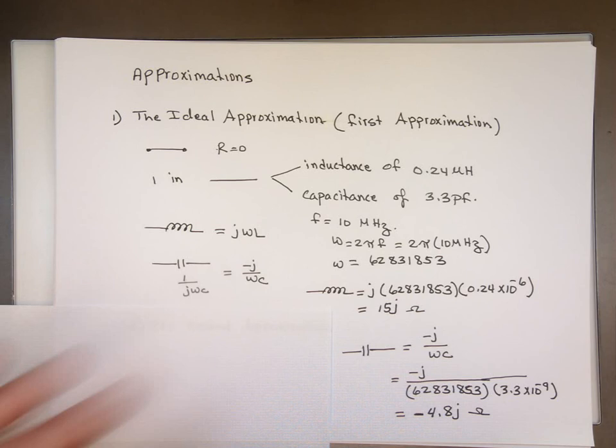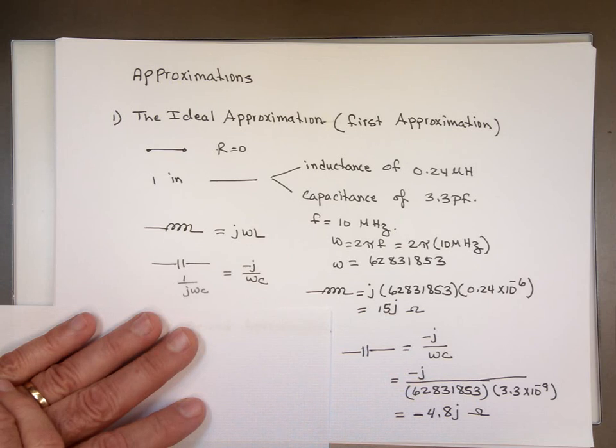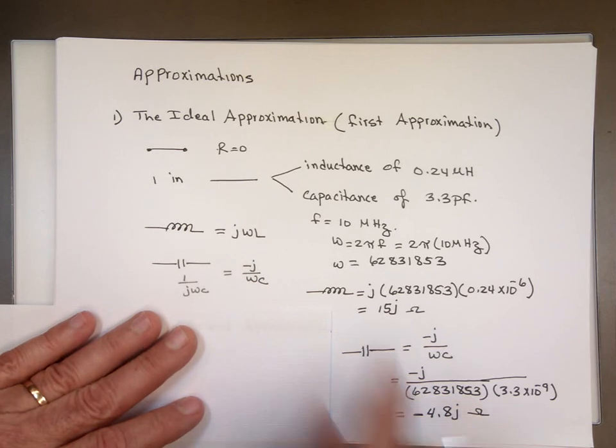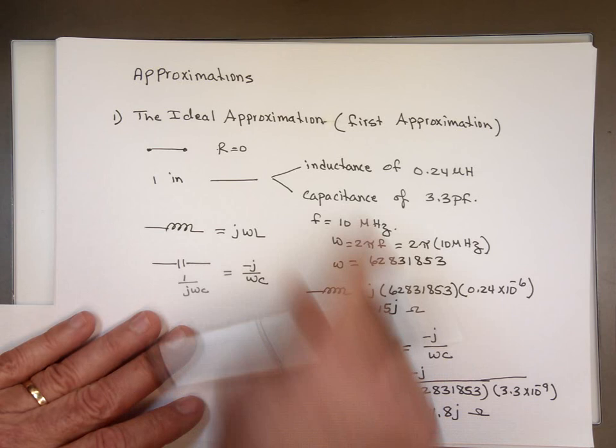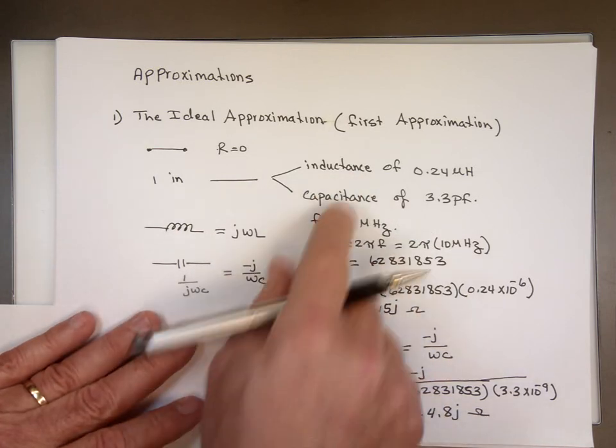So notice at 10 megahertz, we have a large value there. That little wire is no longer just a tiny value. We have a 15j ohm inductance value and a negative 5 roughly j ohm capacitance value.